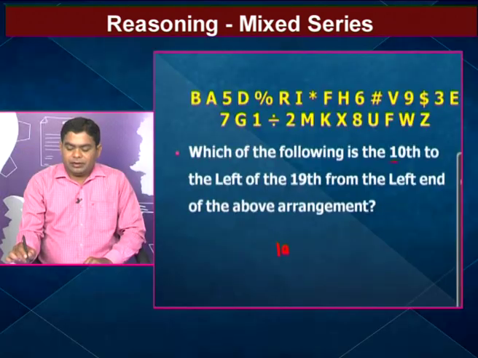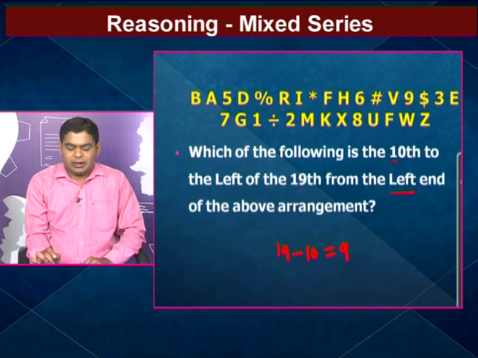The 10th left is given and the 19th left is given. Both are the same direction, that's why we subtract the given numbers. That is 19 minus 10, then we get 9. Ninth left is our answer.